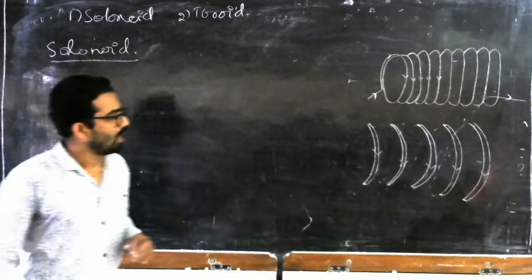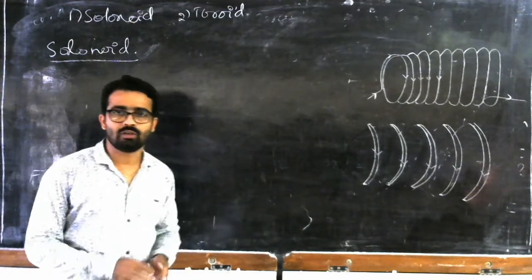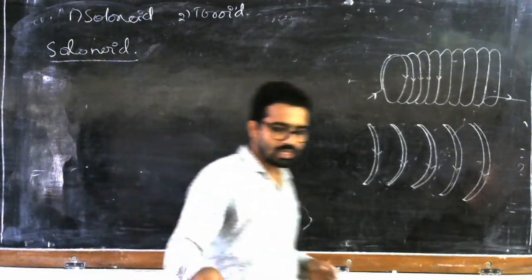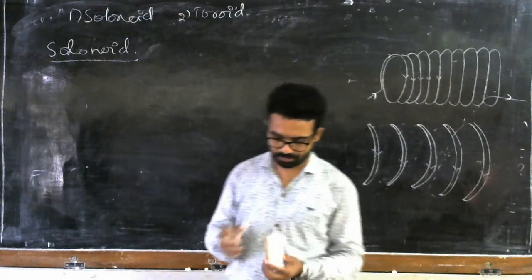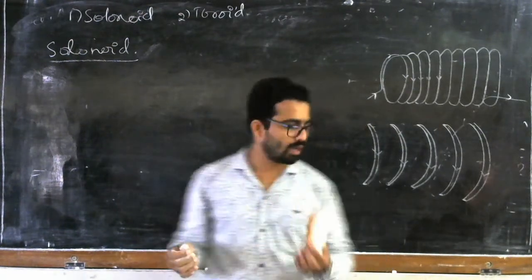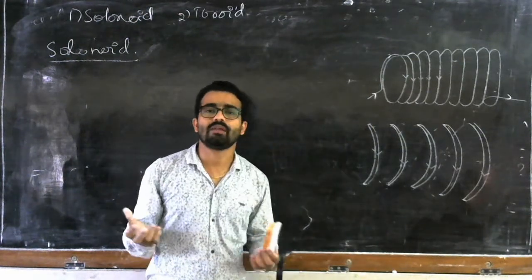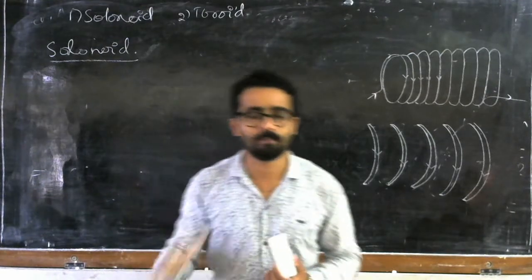Now let us apply the right hand rule for straight conductors. With the help of the right hand rule, you can find the direction of the magnetic field.